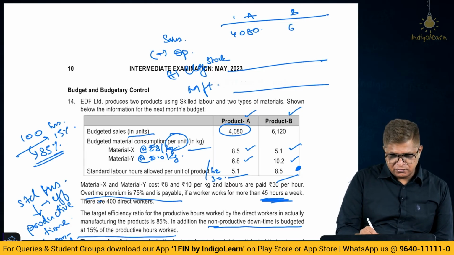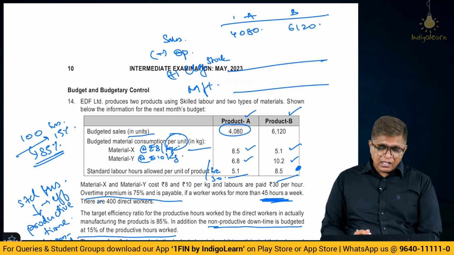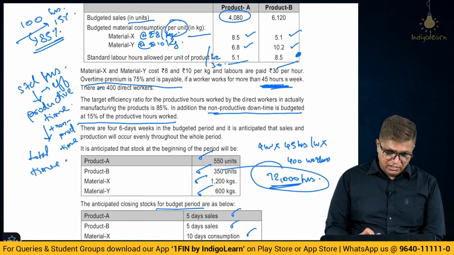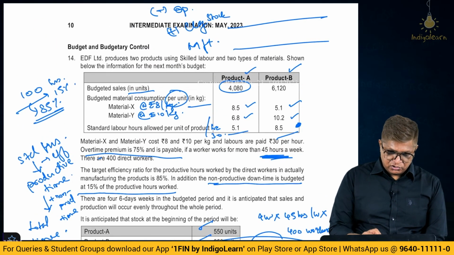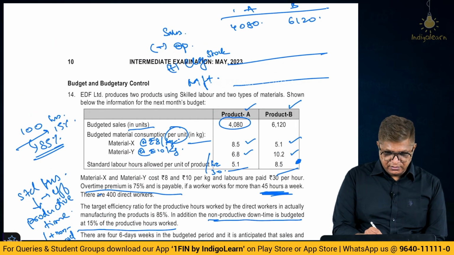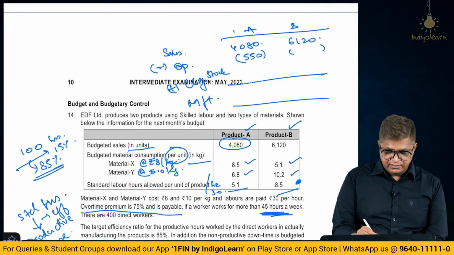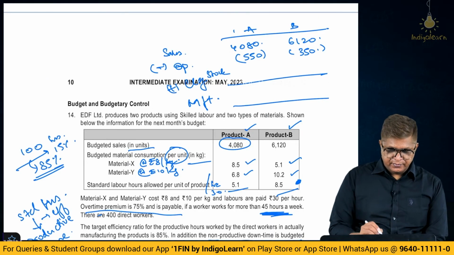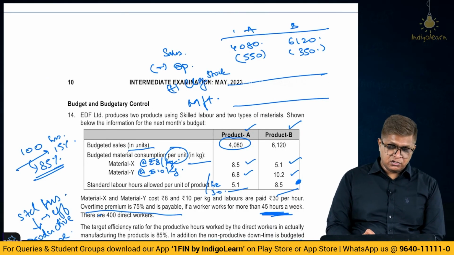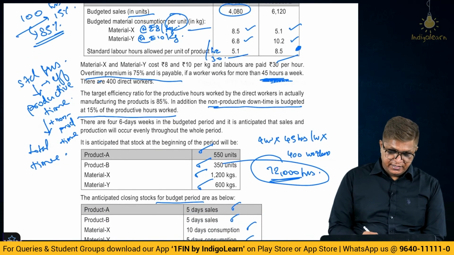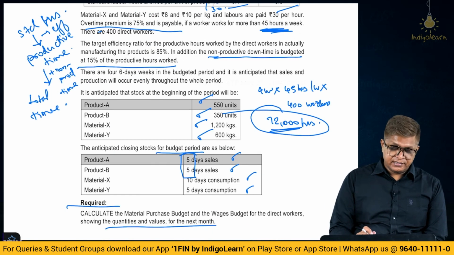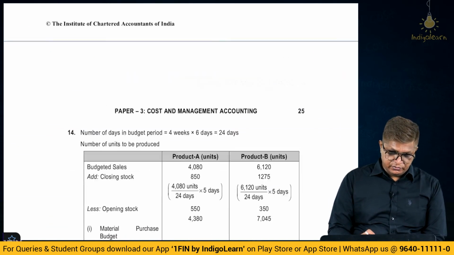For product B, sales is 6120. How much opening stock have they mentioned? For product A we have an opening stock of 550 units. For product B we have an opening stock of 350 units. Then for closing stock they are saying we need to maintain 5 days sales, so we need to calculate the 5-day sales value.